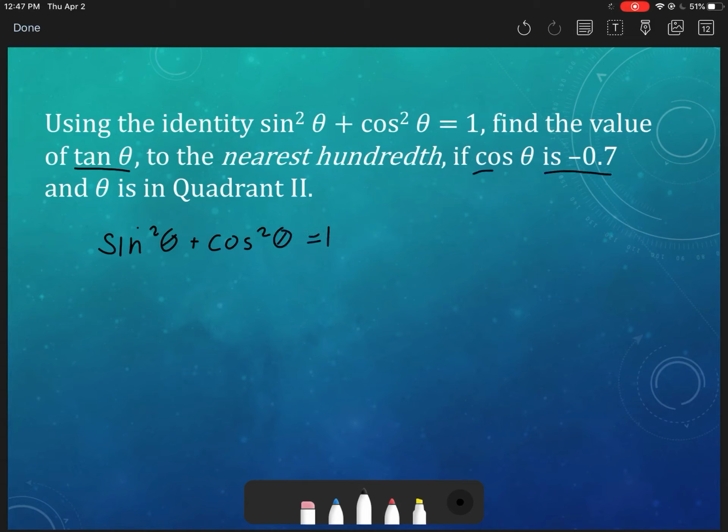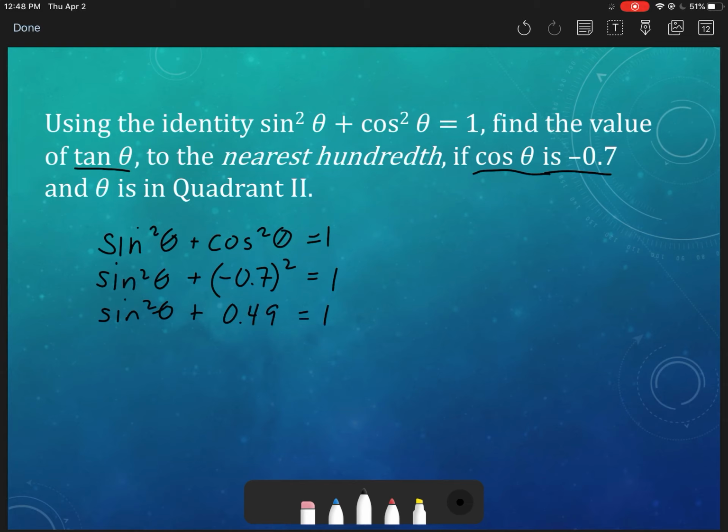They're telling us right here cosine theta is negative 0.7, so we're going to plug in negative 0.7 and bring everything else down. All right, now we're going to square negative 0.7. That's going to give us 0.49.